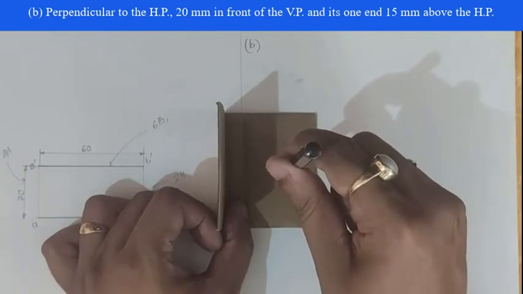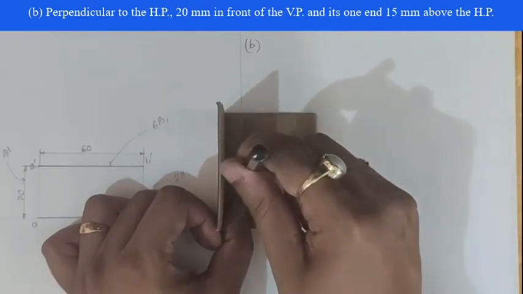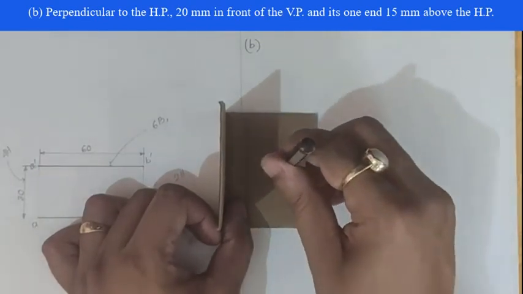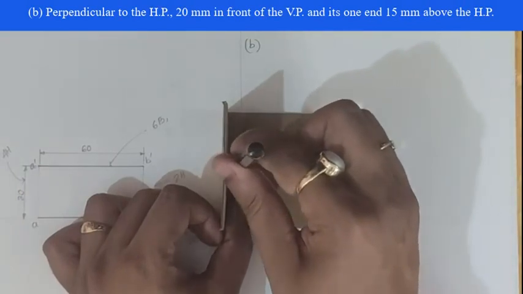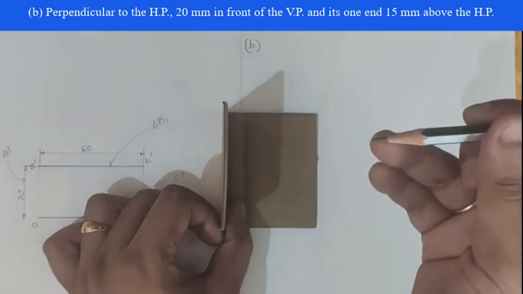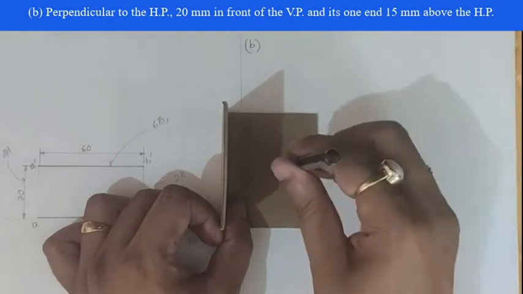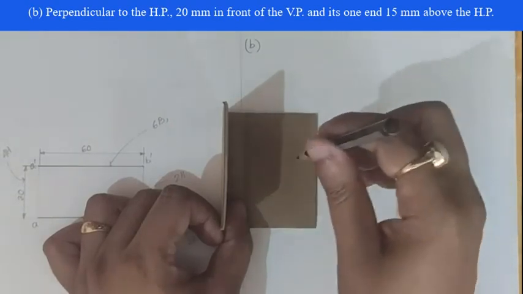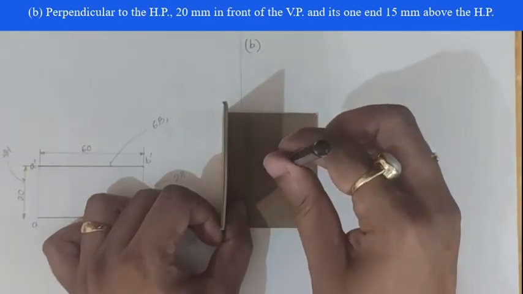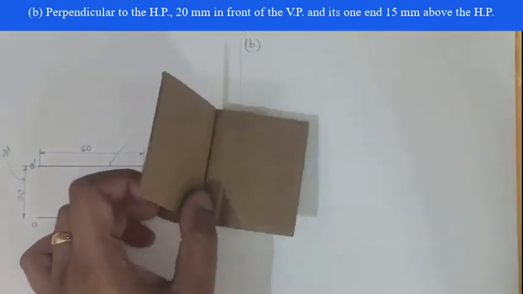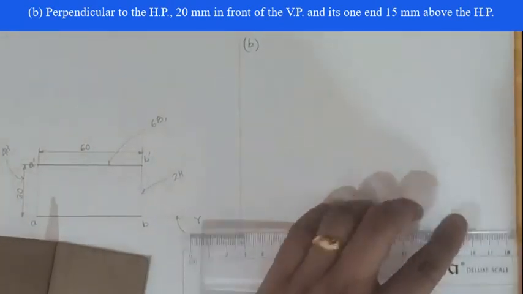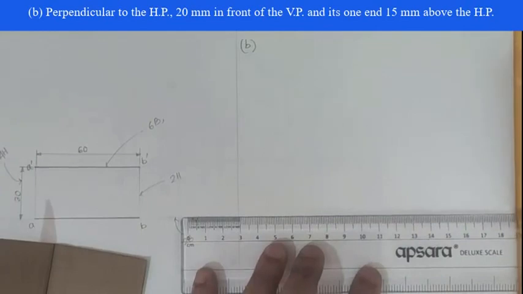Now first of all, let us try to draw the front view of this figure. The front view will be projected in the vertical plane, and the bottom end is at a distance of 15 mm above the HP. So let us see how to draw this.